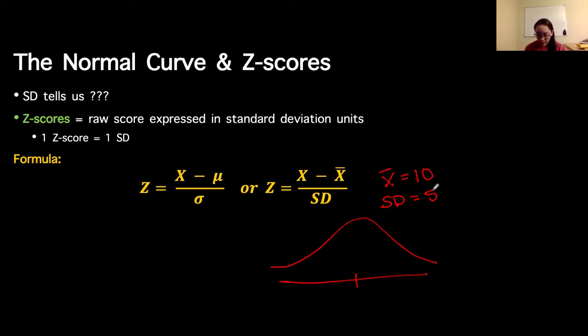So when I build my actual distribution, 10 would be at the center because that's the mean. And then we would say 15, 2 standard deviations would be 20, 3 standard deviations would be 25, right?